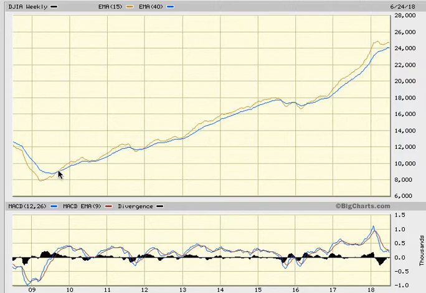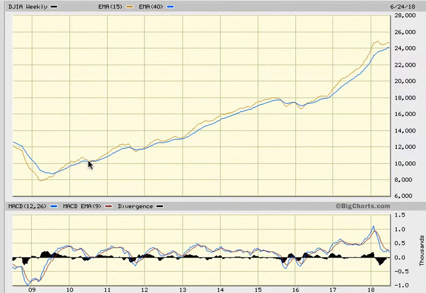That is the point of reference whereby we would say the market has gone from a downtrend to an uptrend in '09, because the 15-week is above the 40-week. And it maintained 15 above the 40, meaning the trend is up.